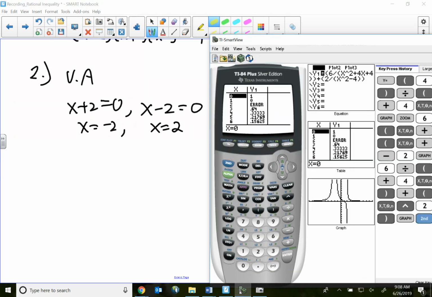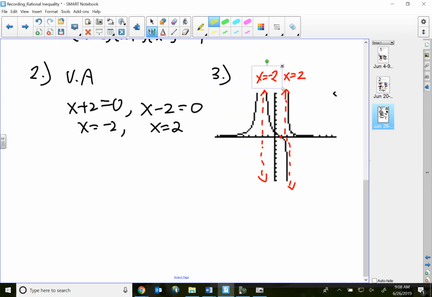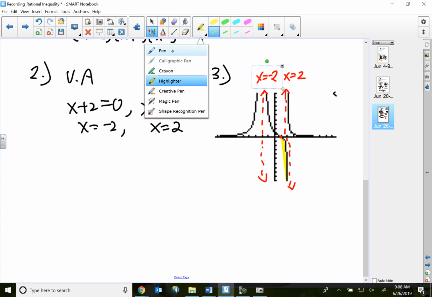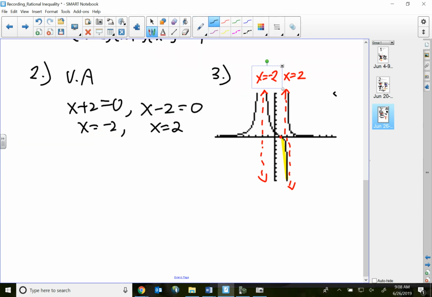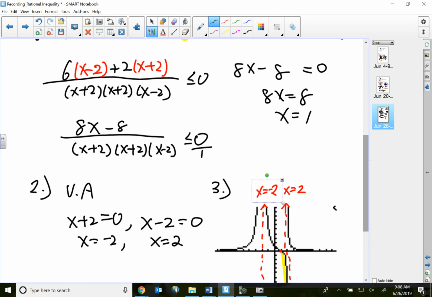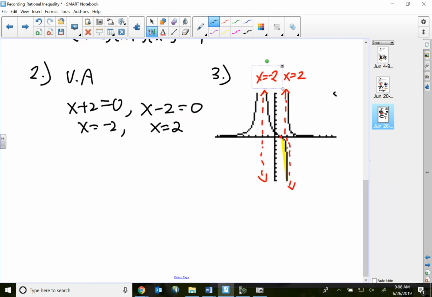Go to my table. Yeah, (1, 0). Okay, so I was right. (1, 0). So only this part right here is actually below the x-axis. All right. You've got to be very careful when the x-intercept and the asymptote are so tight together. Make sure that your x-intercept is correct. Otherwise, you're going to have a hard time seeing it.